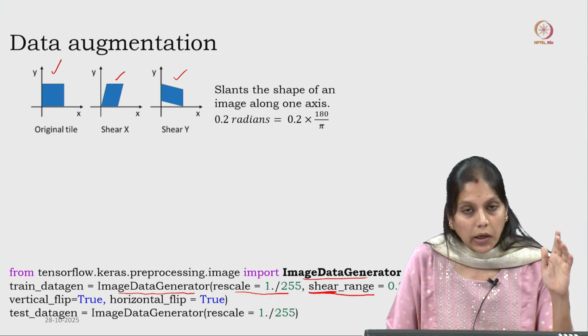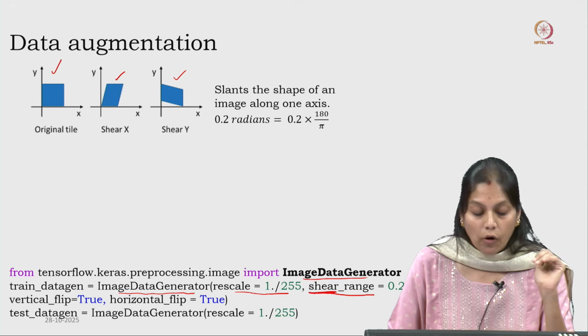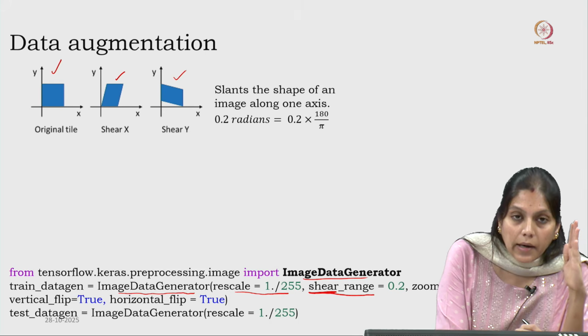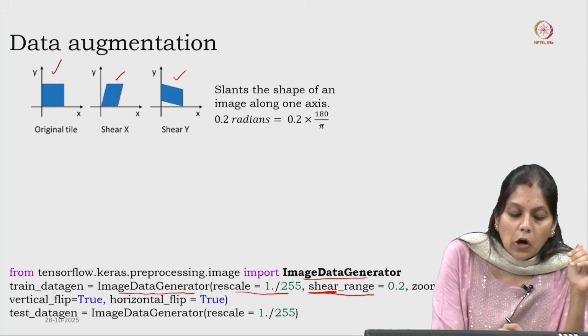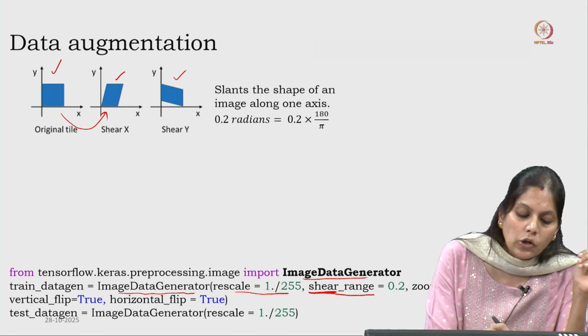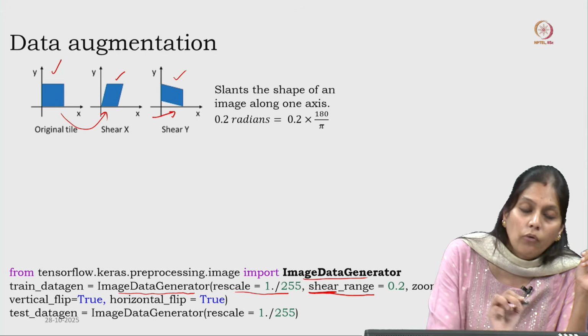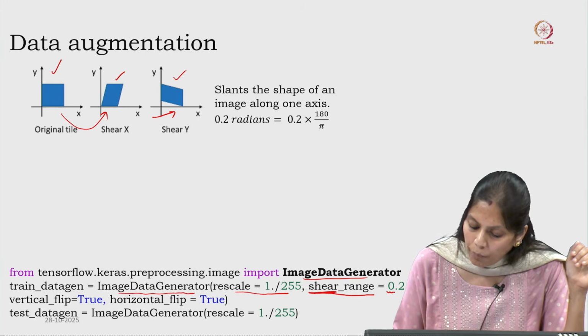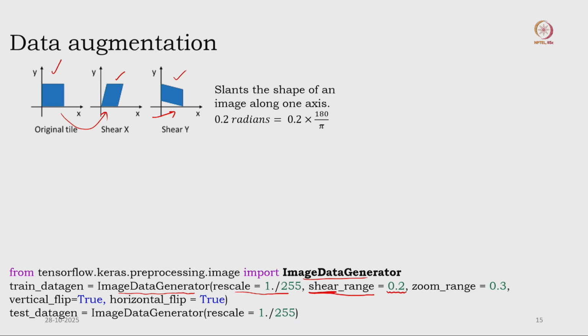So, shear range is slanting of an image. By slanting along the y-axis, we have created one more version of the original image. And there is one floating number, which is a hyperparameter. You can change this value.